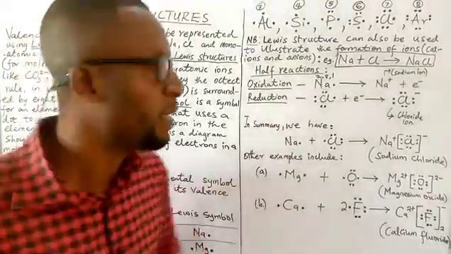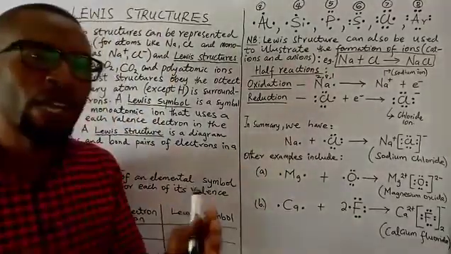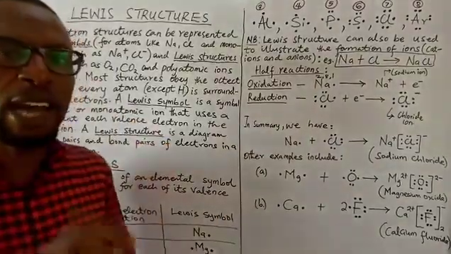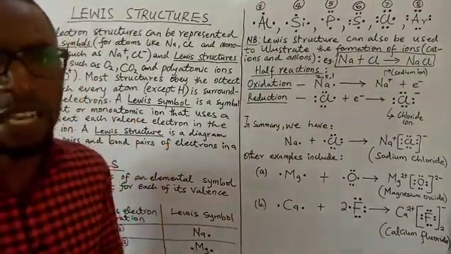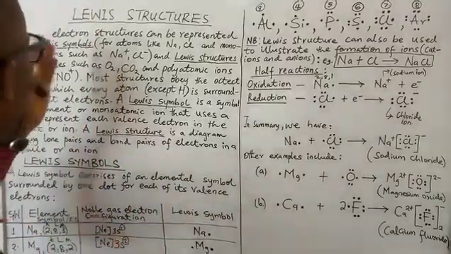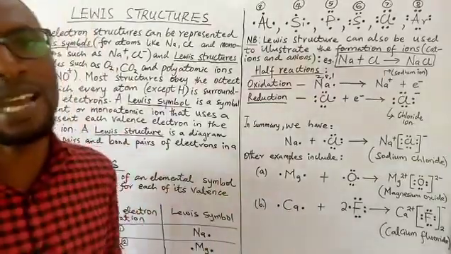So when we talk about how electrons are distributed in their outermost shell, or what we call the valence shell, we use what we call valence electron structures to express that.